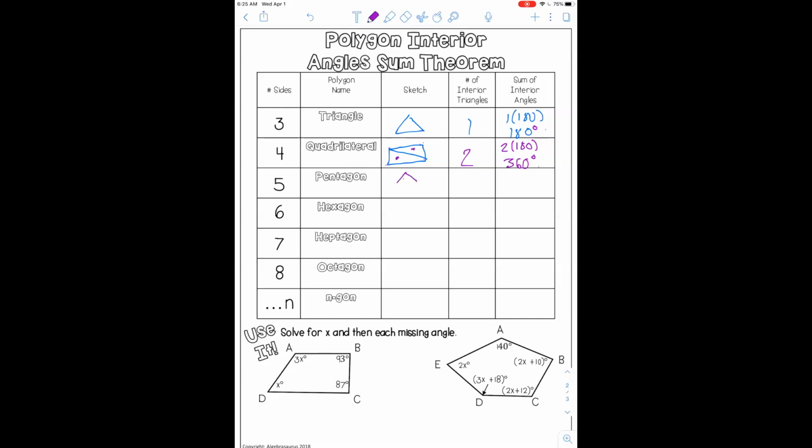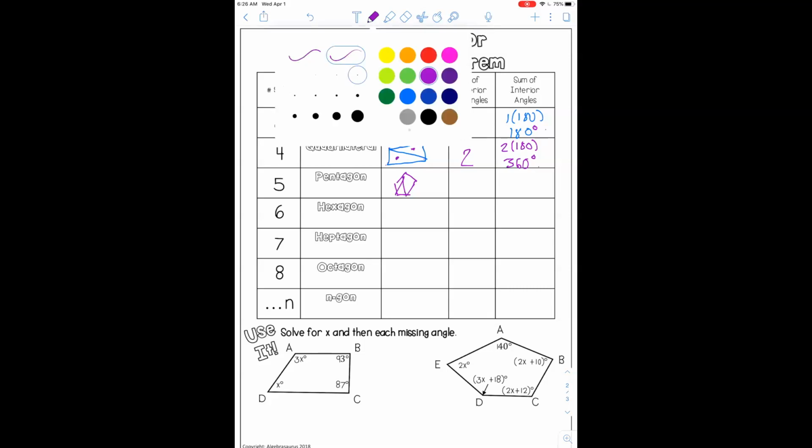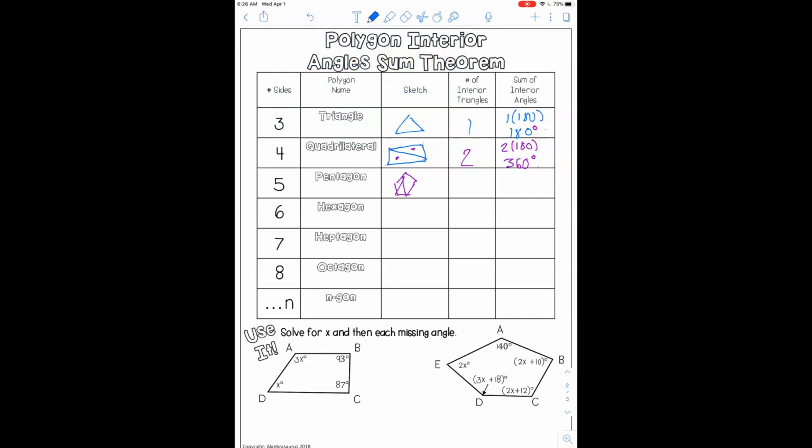What about a pentagon? So we have a pentagon, and we can get 1, 2, 3 triangles in a pentagon. So we take 3 times 180 equals 540 degrees. And we have our hexagon.